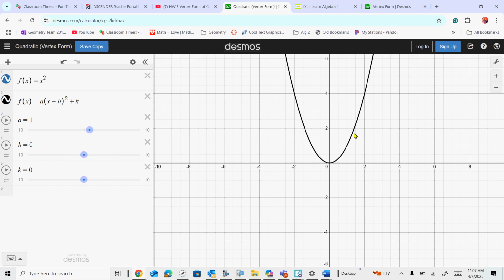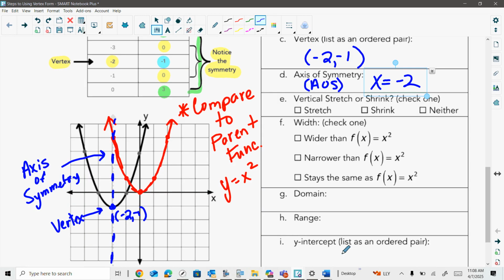See, it stays the same shape. Are we okay on that? Okay, so on our table here, if it doesn't stretch or shrink, neither, then it's going to stay the same as the parent. So these two go together. All right. Did you check that off? Are we okay on that part?